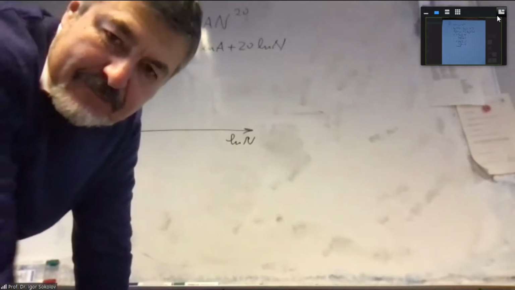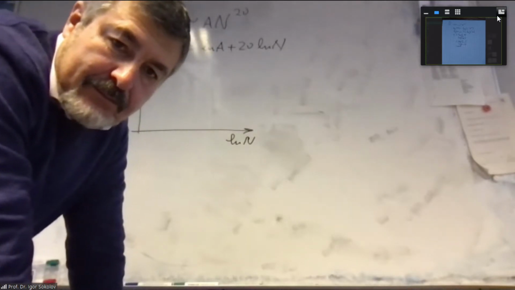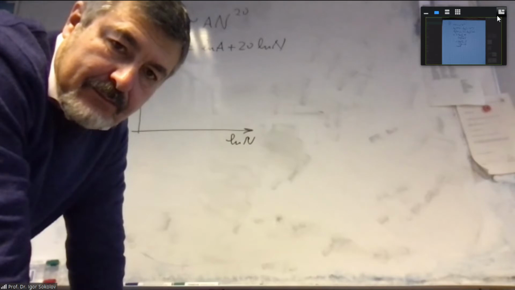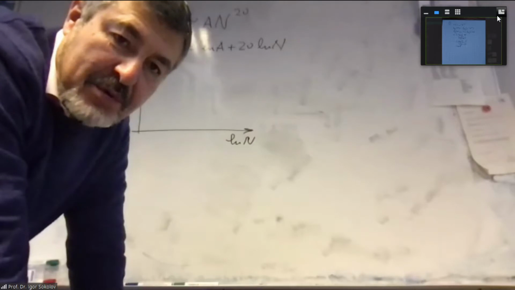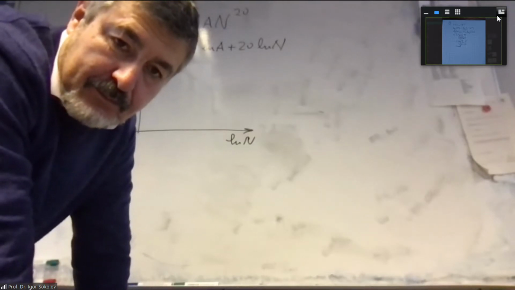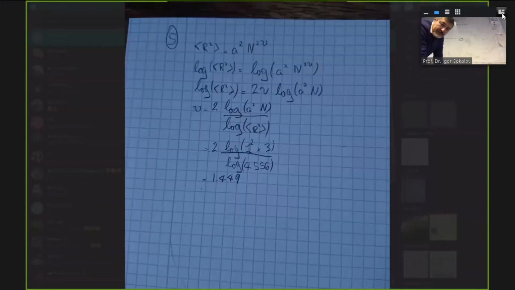Professor, even if we just substitute the value, we get that index, right? I didn't plot, but I substituted. I took the log on both sides. And the A term will disappear because it's a constant. So I get that the index is equal to the log of r squared divided by log n, and the whole divided by 2.